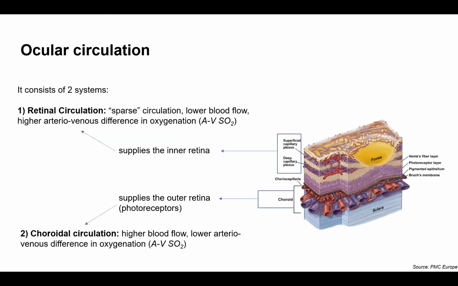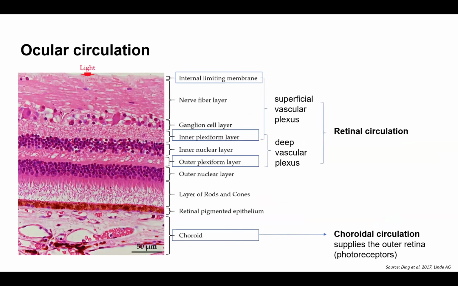The ocular circulation consists of two main systems. The retinal circulation, which is a sparse circulation with lower blood flow rate, and the choroidal circulation, which has a higher blood flow rate. If we think of the back of the eye as a cake with different layers, these two systems have a precise localization within these layers.